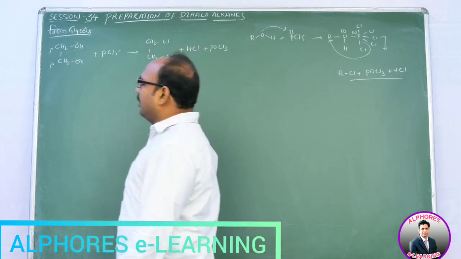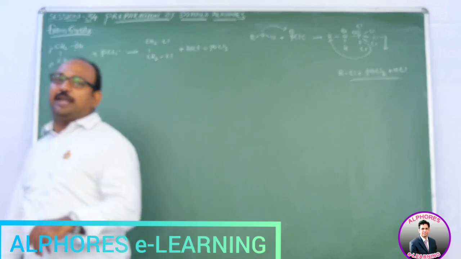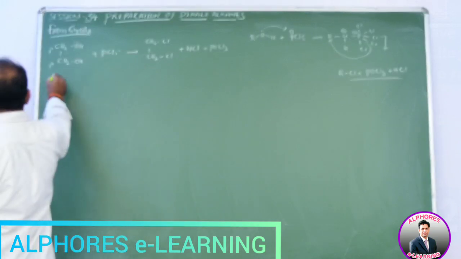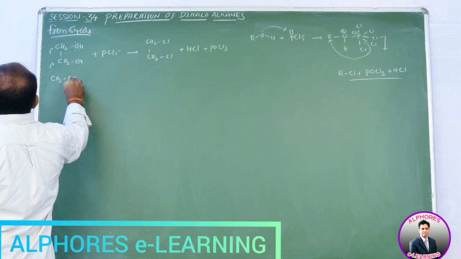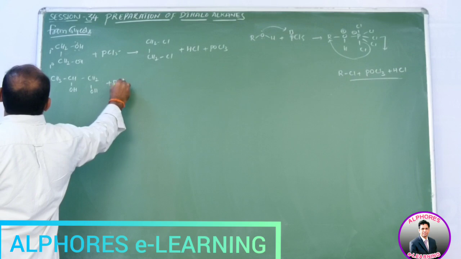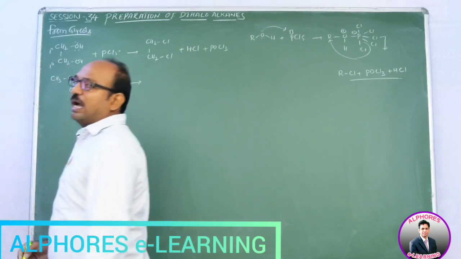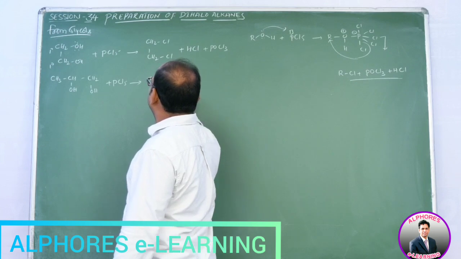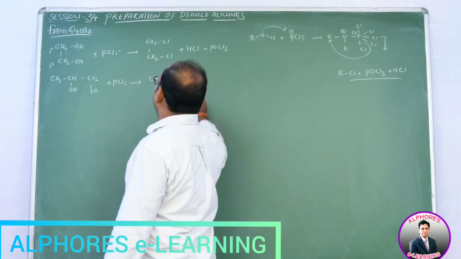If you want to prepare propylene dichloride, or 1,2-dichloropropane, then we need to consider propene glycol. CH3CHOH, CH2OH upon reaction with PCl5 gives CH3CHCl and CH2Cl.